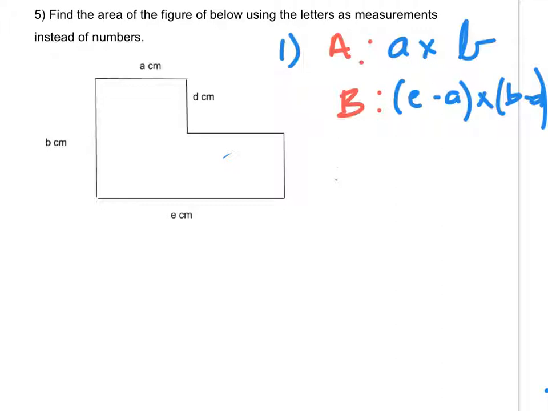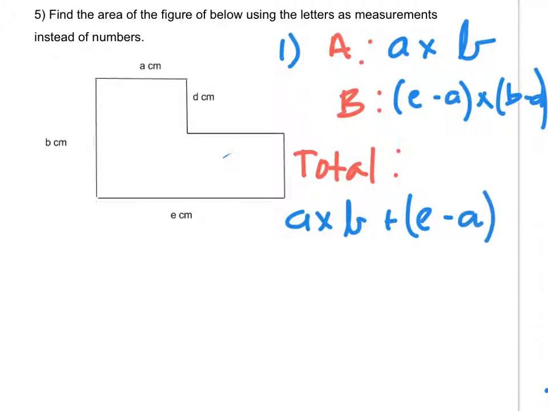So the total area is A times B plus E minus A times B minus D. Alright, that's it. Simple. Now the other way you could do it, I'm going to do it over here quickly. Sorry, this is number 2.